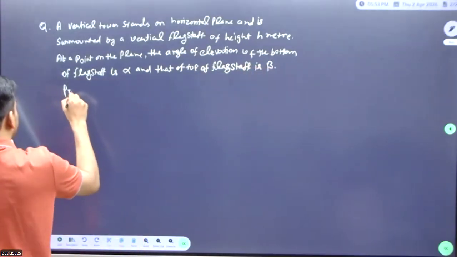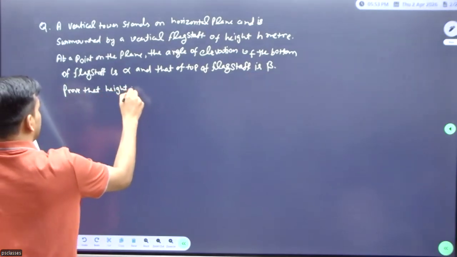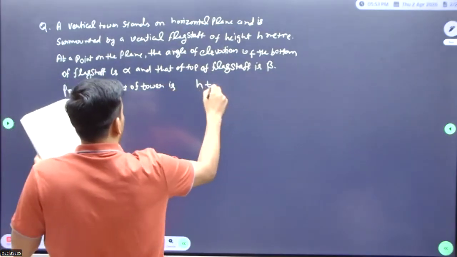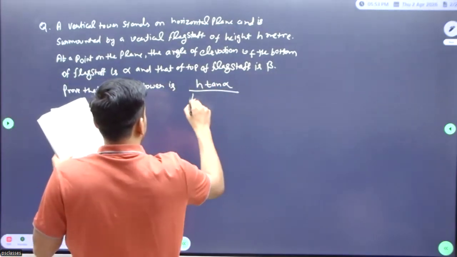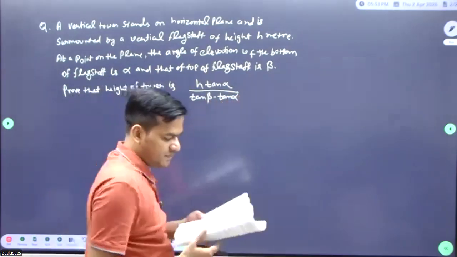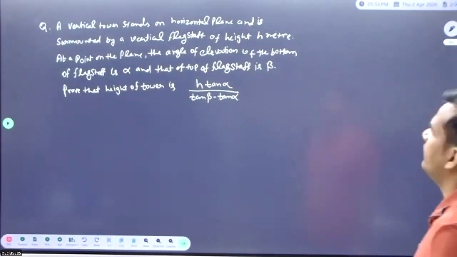Prove that height of tower is h tan alpha upon tan beta minus tan alpha.